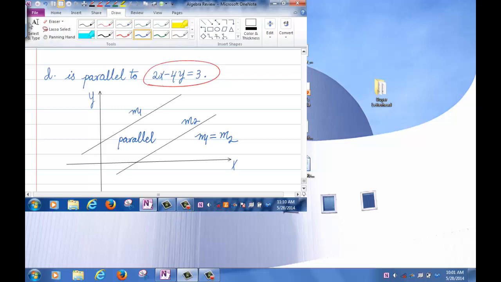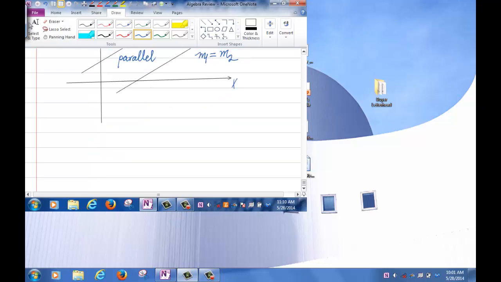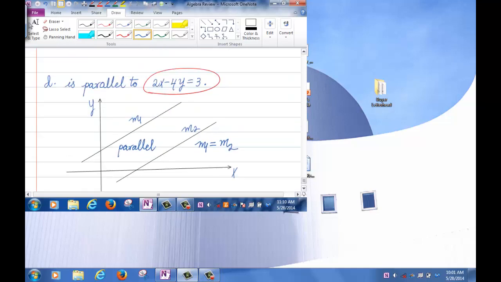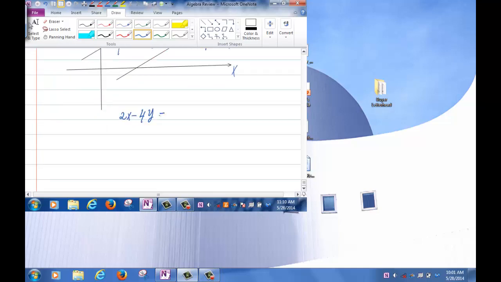Well, all you have to do is put it in the slope-intercept form, right? So I have 2x minus 4y is 3. And I'm going to solve for y, okay? So negative 4y would be negative 2x plus 3, right?